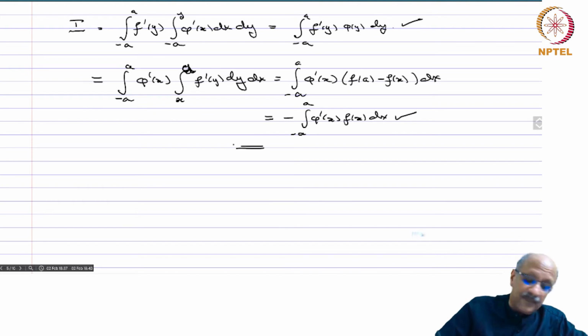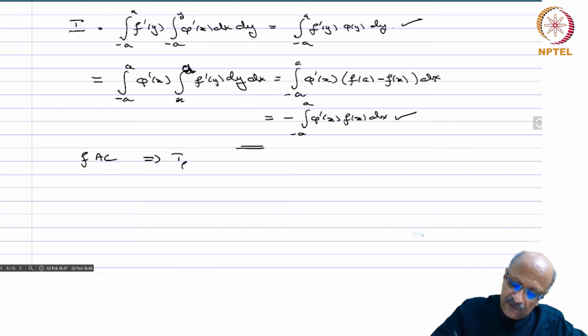And consequently you have this formula: the classical derivative, therefore, this implies f absolutely continuous implies T_f dash is equal to T of f dash.